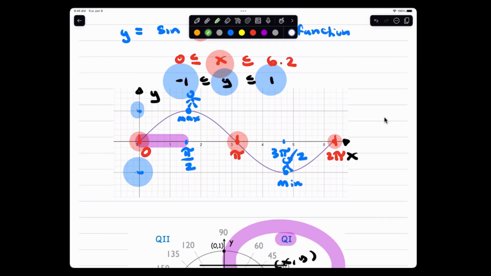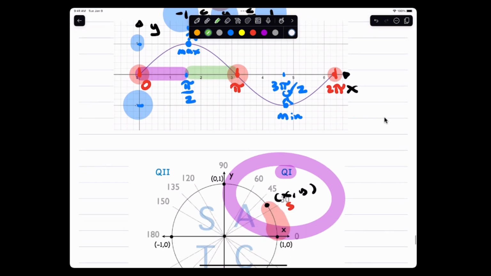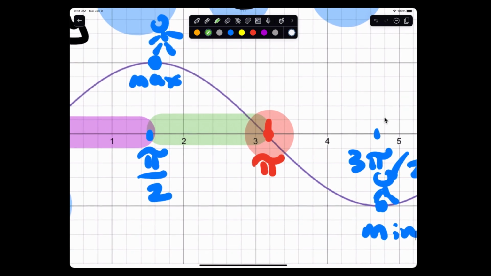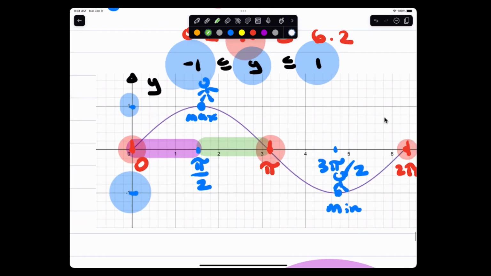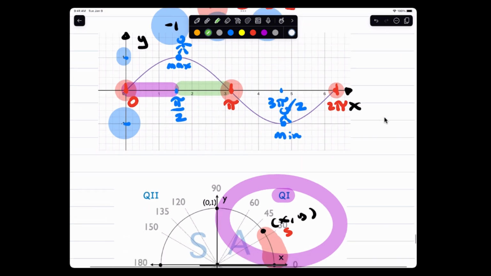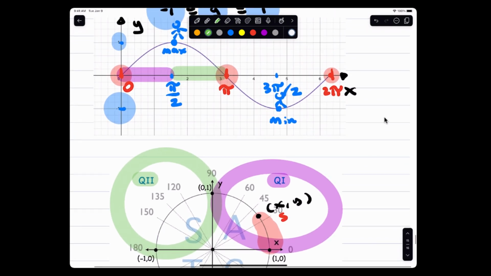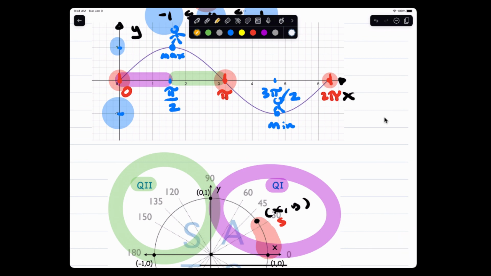And if I said to you in green, between pi over 2 and what? Pi, what quadrant are you in now between 90 and 180? So what quadrant is between pi over 2 and pi? What do you guys think? Well, between 90 and 180, isn't that quadrant 2 here? You guys okay with that? So quadrant 2 is represented. So what do you think if I said to you any angle between 180 and 270?